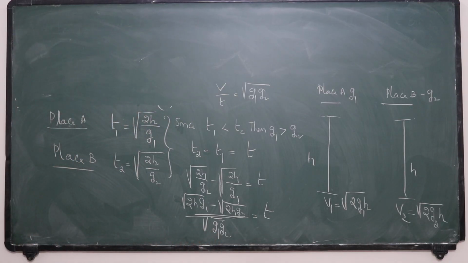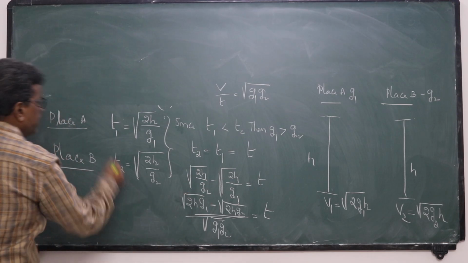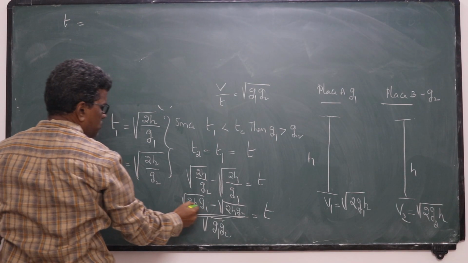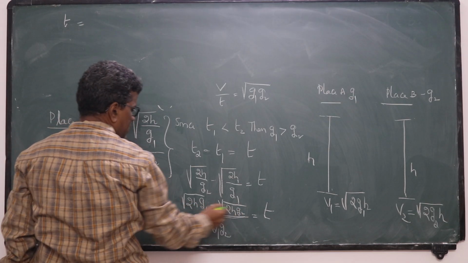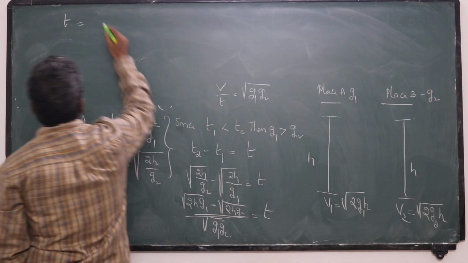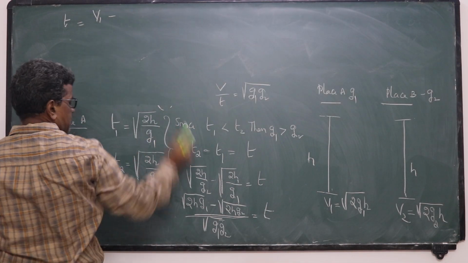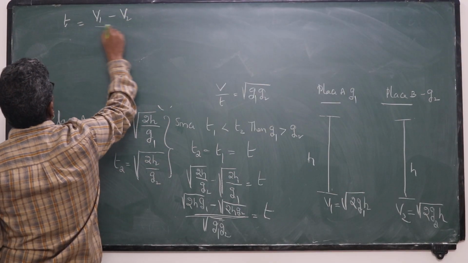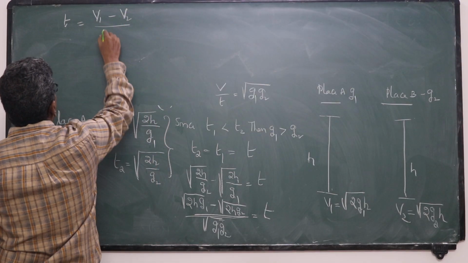So here I am writing this. T is equal to root 2g h1 minus, instead of 2g1h we can write v1, minus instead of 2gh2 we can write v2, by root g1g2.